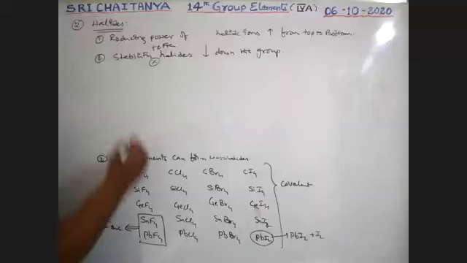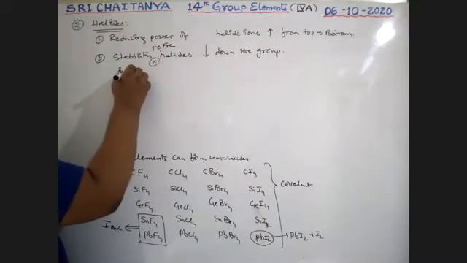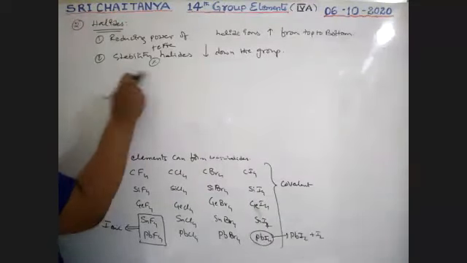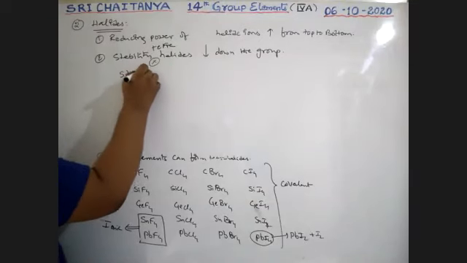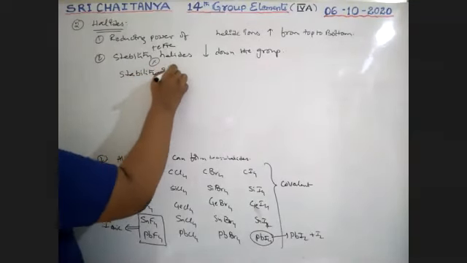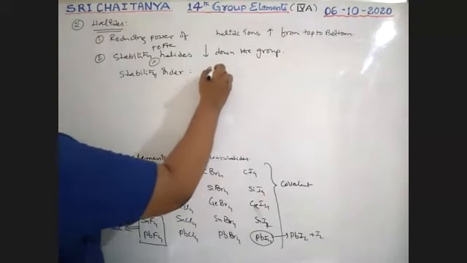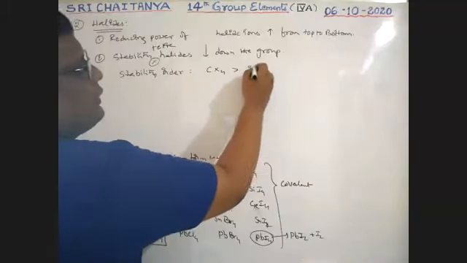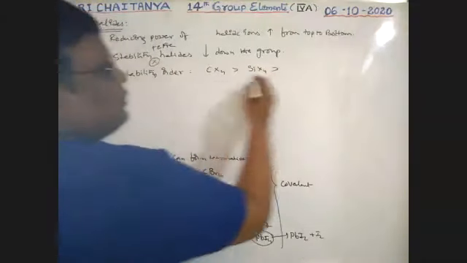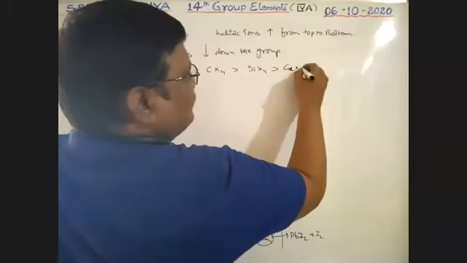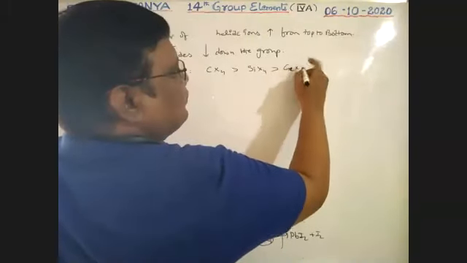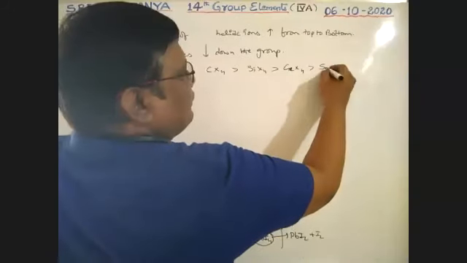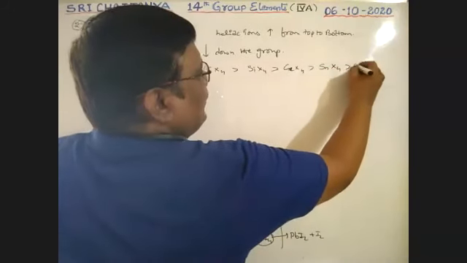Therefore, the stability order is CX4 greater than SiX4 greater than GeX4 greater than SnX4 greater than PbX4.